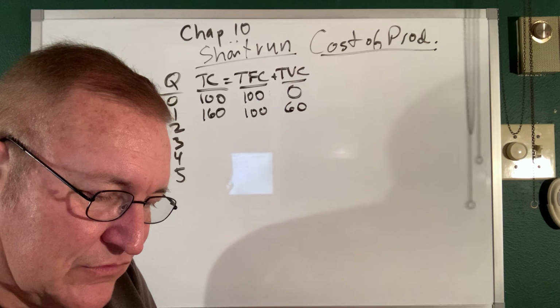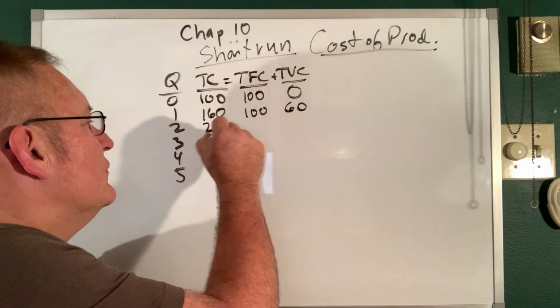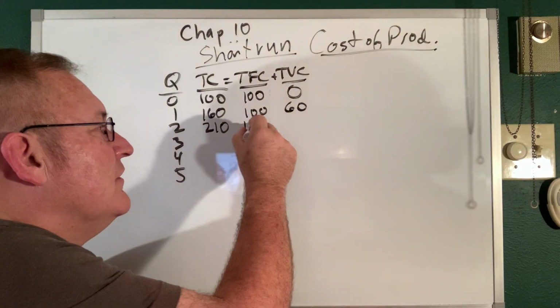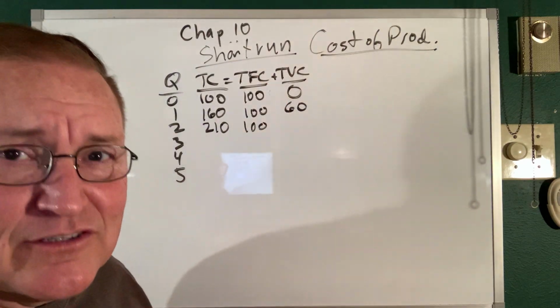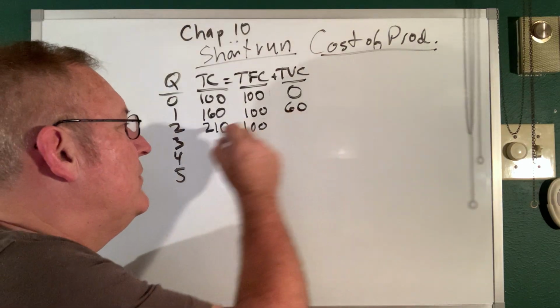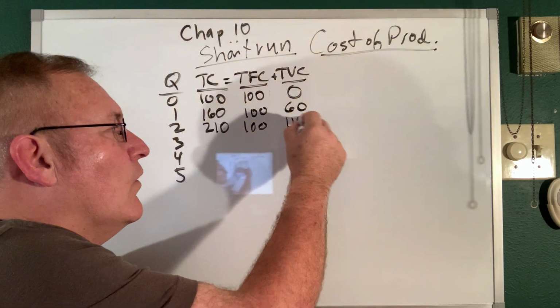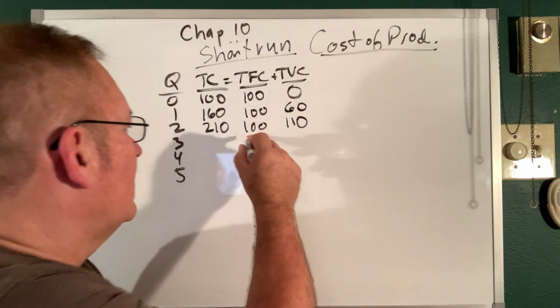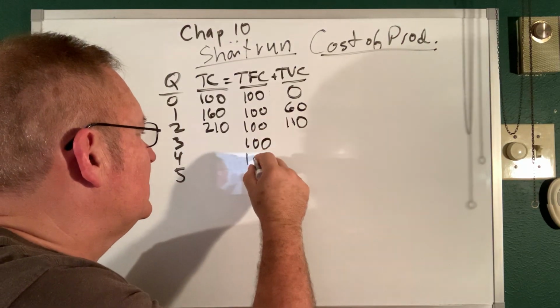But you see how this goes, right? So for 2, if I say 210 is the total cost, well, I know this fixed cost, right? It doesn't change, it's fixed. So I know that my variable cost is going to be 210 minus 100, 110. Okay? So you should be able to go through, and again, this isn't going to change.